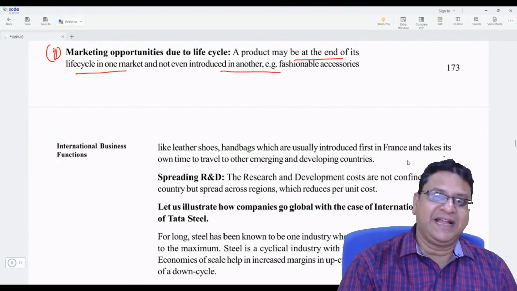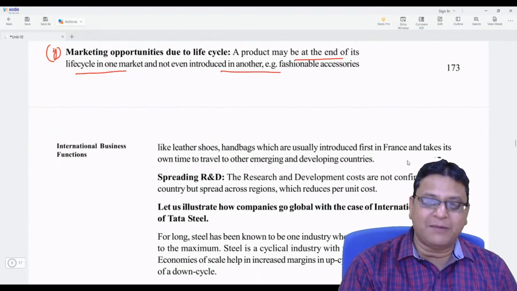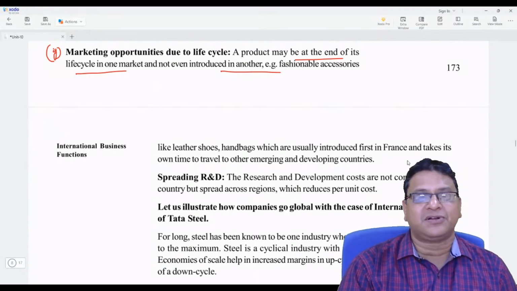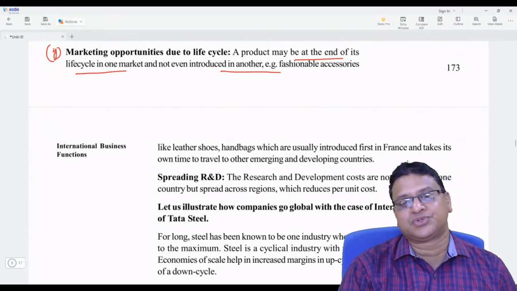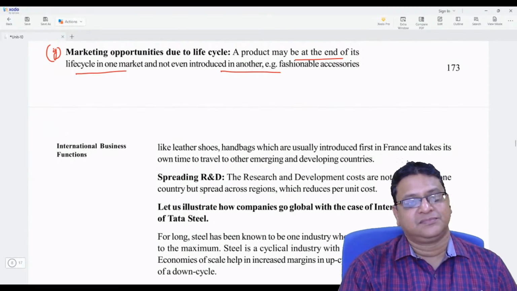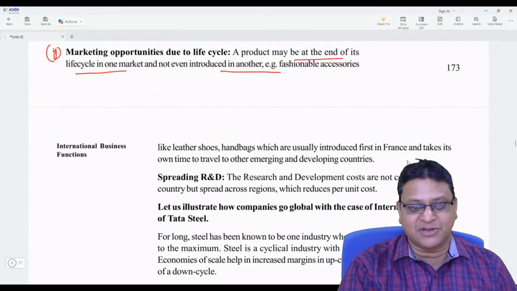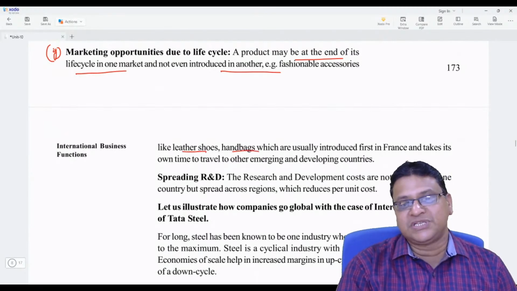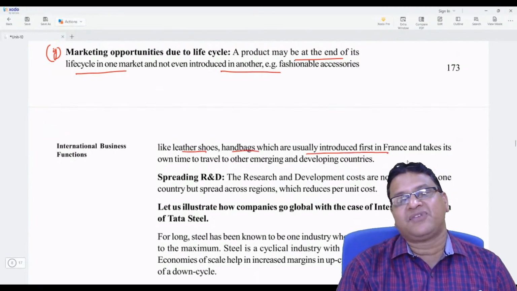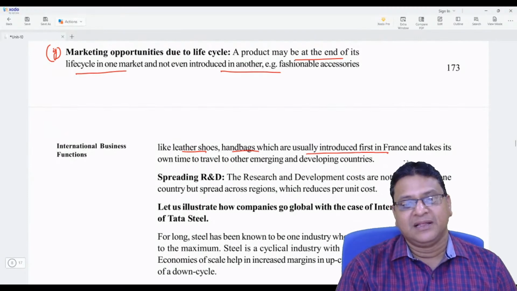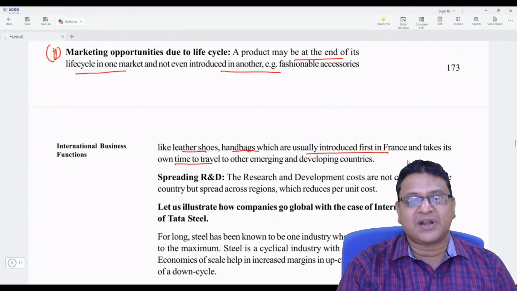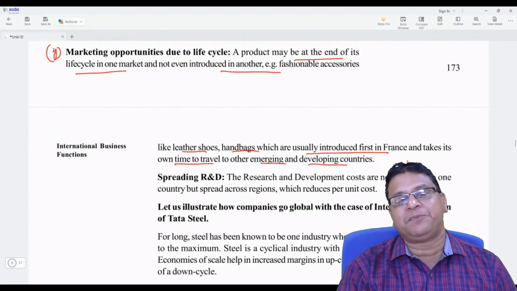So if there is an end of life cycle of a product in one market, the company enters into another market where that product is not yet used. Fashionable accessories like leather shoes, handbags, which are introduced first in the France market, take time to travel to other emerging and developing markets.